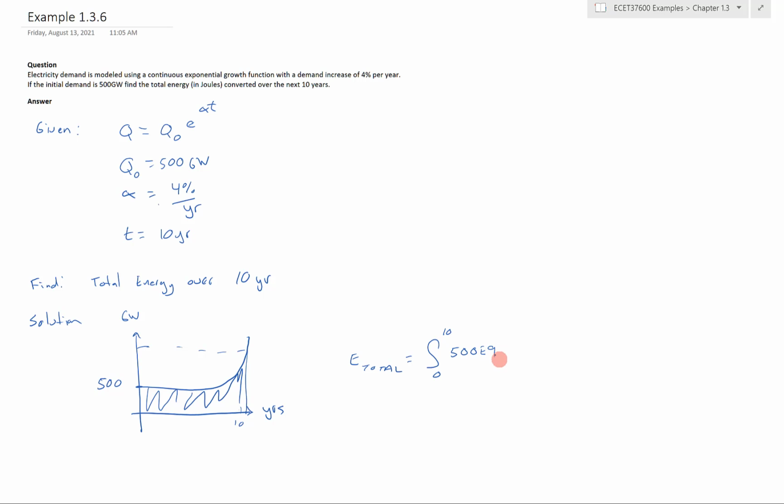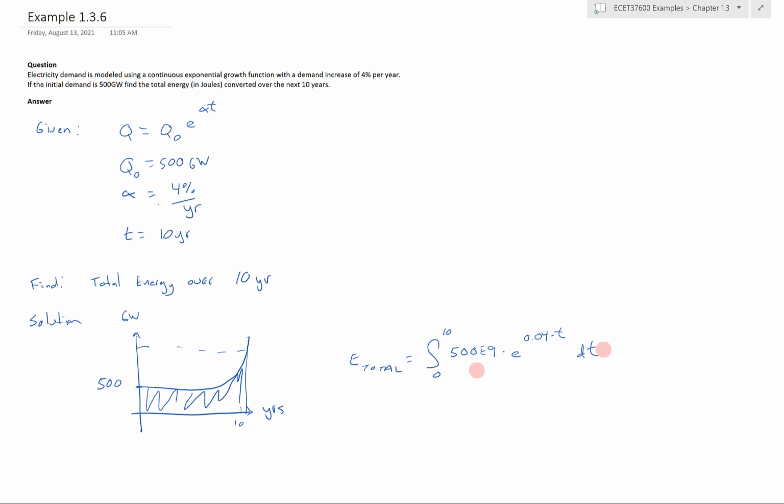That's a gigawatt, it's e to the 9th. And then we need to multiply that by e to the alpha. It's 4%, which written as a number is 0.04, or 4 divided by 100. And then we leave the t in the exponential, and then of course we're going to integrate with respect to the time domain, dt there.